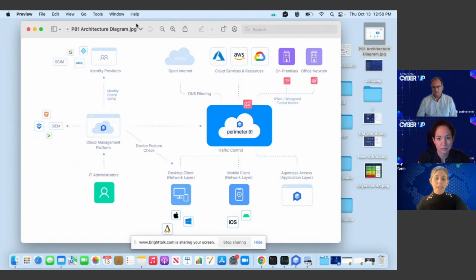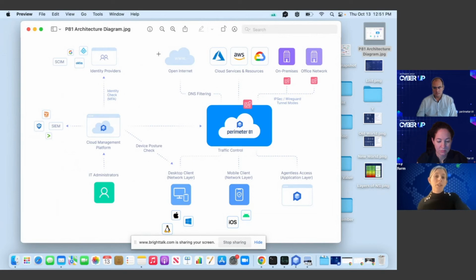What I'm showing now is really just from a 30,000 foot view, our architecture. When we're implementing Zero Trust remote access for network access for an organization, this is what it looks like at a very high level.